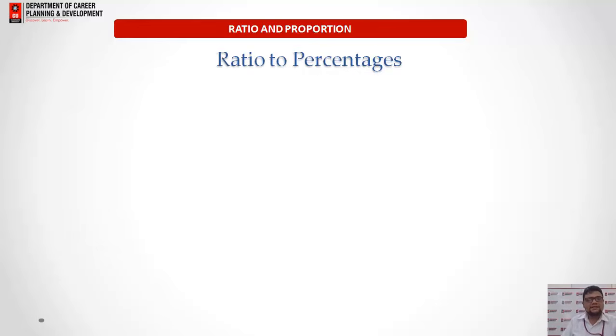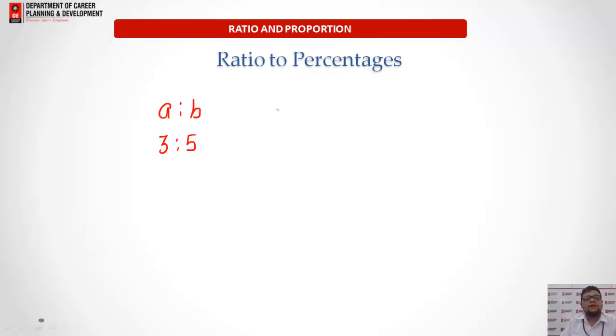Now next is, if we have to convert any ratio into percentage, then how to convert it? Let us suppose any ratio A is to B is given to us, that is 3 is to 5.